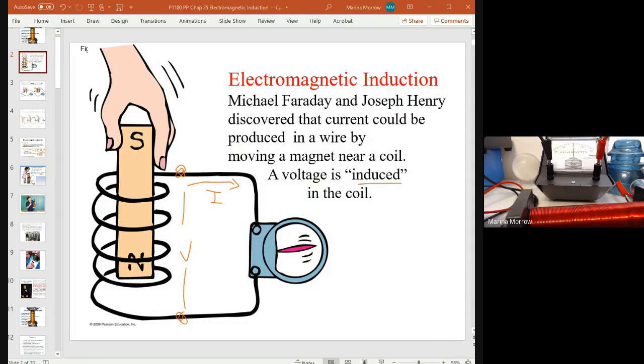And so I can create alternating current very, very easily, which is why here in the United States, we usually work on alternating current because it's so easy to make. You just need a coil of wire, a magnet, and some motion.